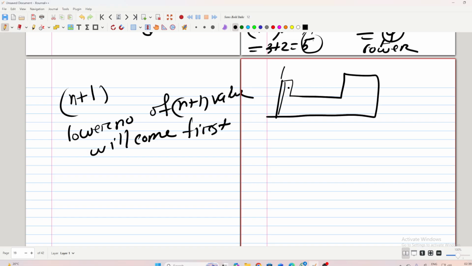If we draw, these are groups. If you look closely at the first group, there are hydrogen, lithium, then sodium, then potassium, right?